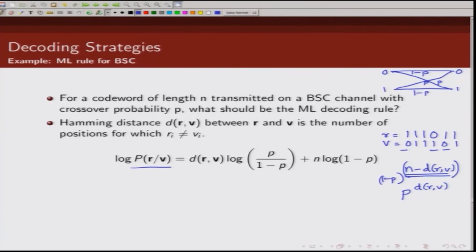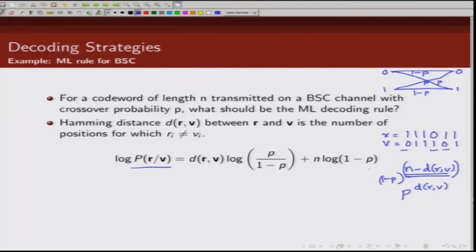So we can write the probability of r given v as p to the power d times 1 minus p to the power n minus d. If we take log on both sides, this becomes n minus d times log of 1 minus p, plus d times log of p. Now we take the terms containing d(r,v) out, and what we get is d(r,v) log of p by 1 minus p, plus n times log of 1 minus p.